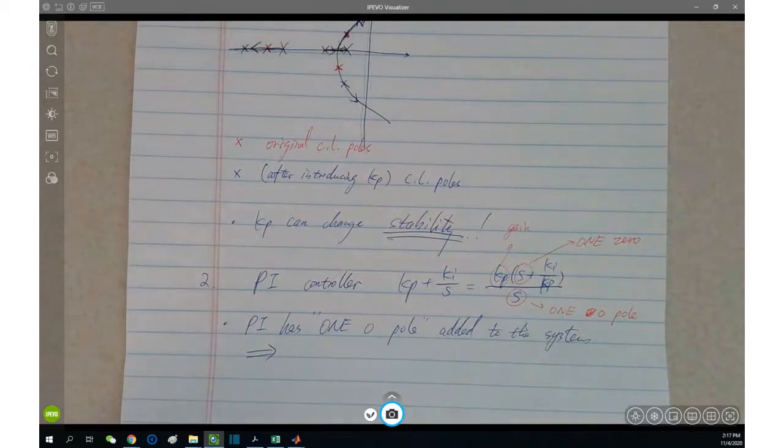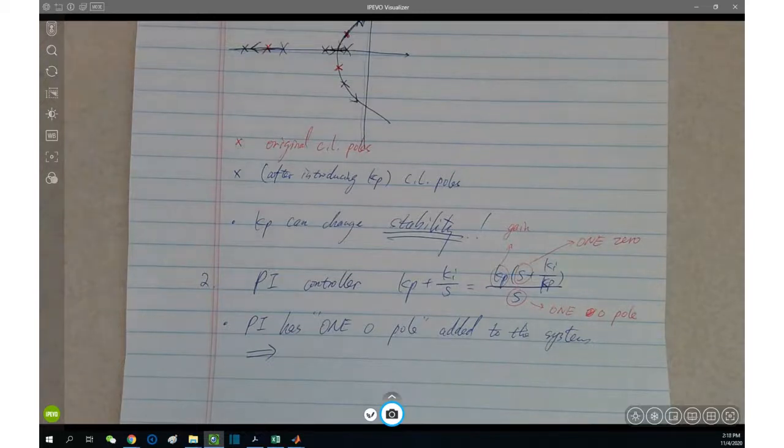What is the name we had for it? When we studied the steady state error, that module, system type.